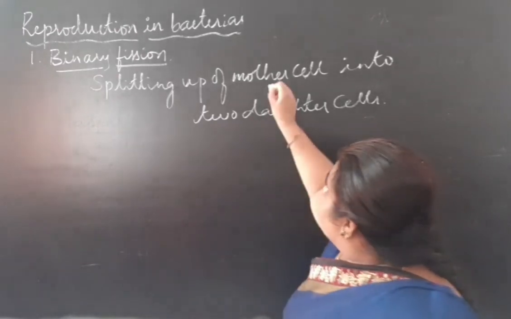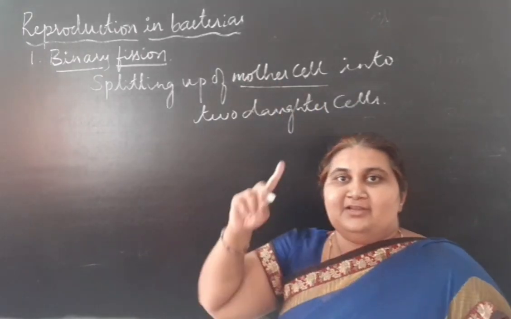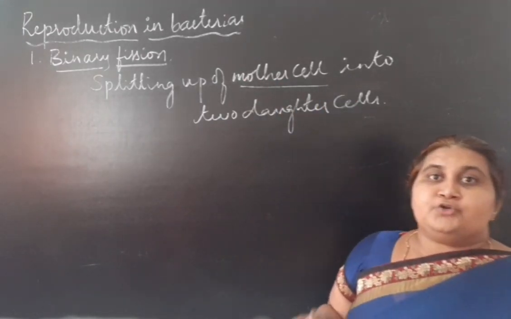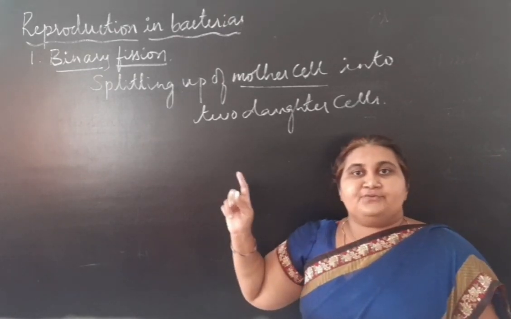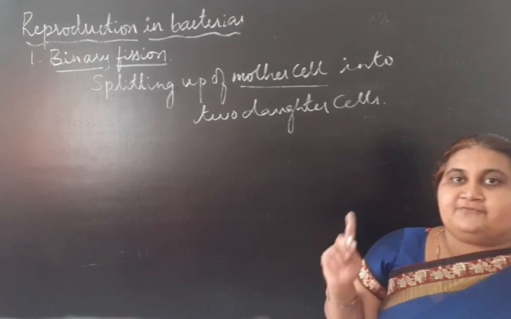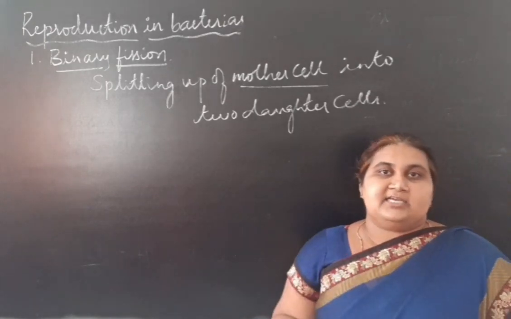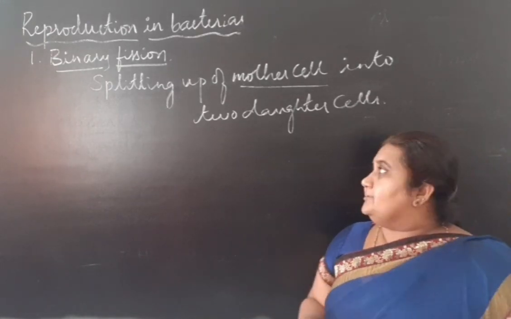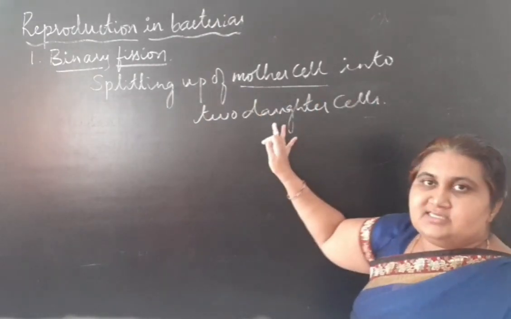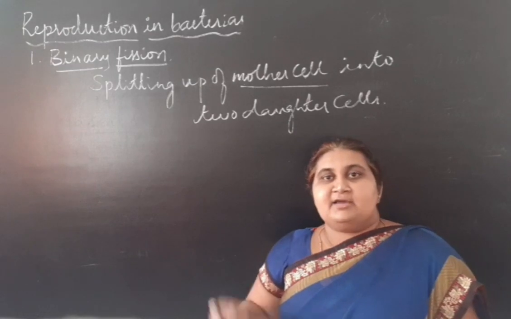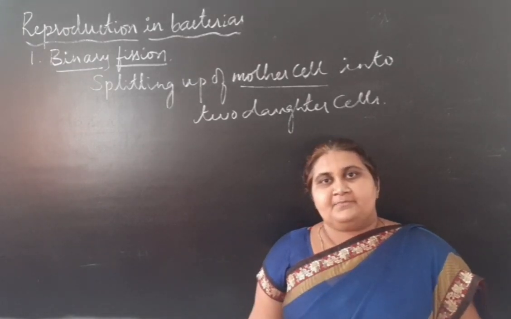The mother cell splits; only one individual is involved to produce the daughter cells, the offspring. Hence binary fission is a method of asexual reproduction. Splitting up of mother cell into two daughter cells is called binary fission.